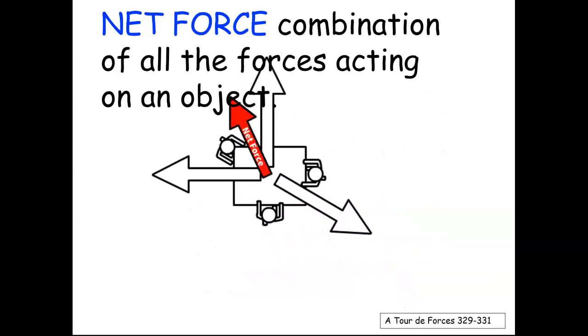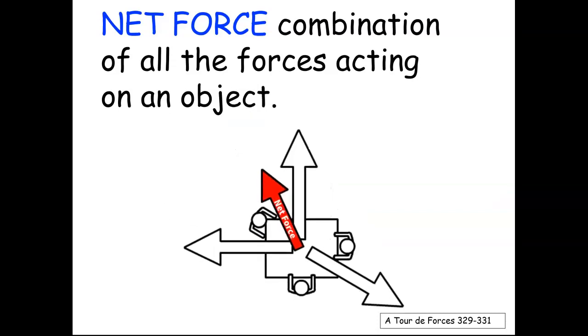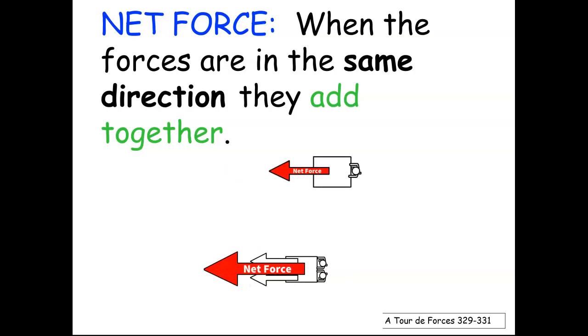So when we talk about the net force, it's the combination of all the forces acting on an object. So remember, if the forces are in the same direction, they're going to add together. Notice the size of these arrows, they're different. Since force is a vector, it has both magnitude and direction.